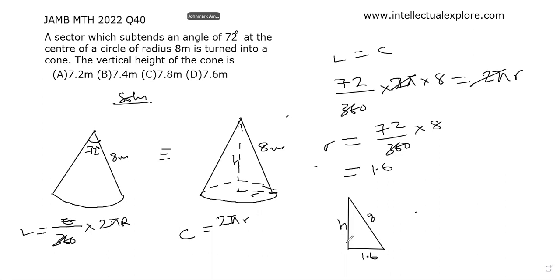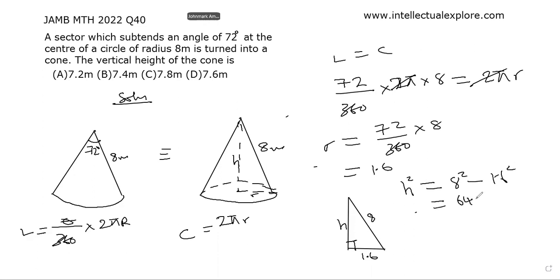So what comes to mind now is Pythagoras theorem. To find the height, that would be height squared. This is the hypotenuse and this is the adjacent. So the height squared will be the hypotenuse squared minus the adjacent squared, 1.6 squared.